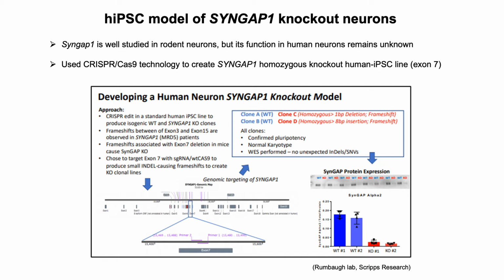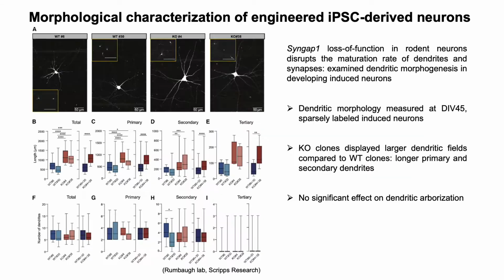And they also looked at the protein expression. SYNGAP protein expression was almost disrupted in the knockout clones versus the isogenic SYNGAP1 wild type clones.